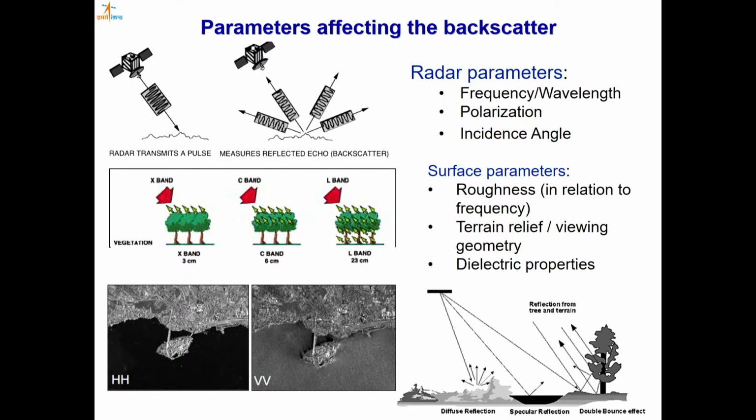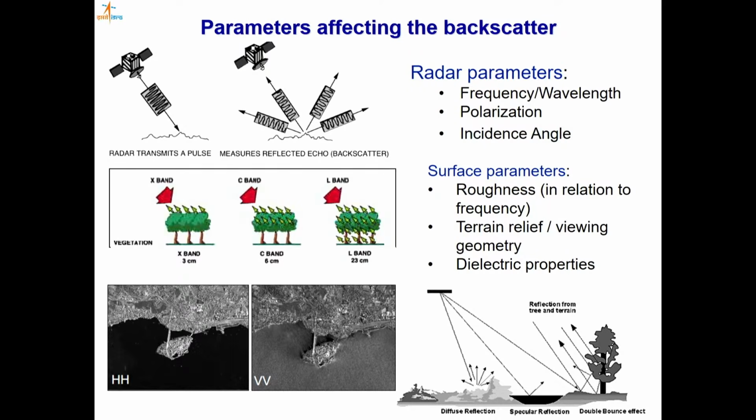Now, there is one more form that we spoke about earlier, that is the active microwave. That is SAR remote sensing, or synthetic aperture radar remote sensing, where a pulse is transmitted by the satellite, and depending upon the ground conditions, it is reflected back, and the backscattered echo is collected by the receiver.